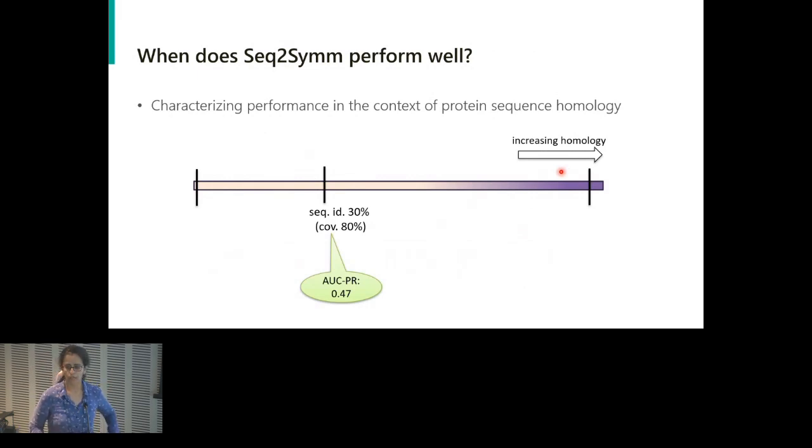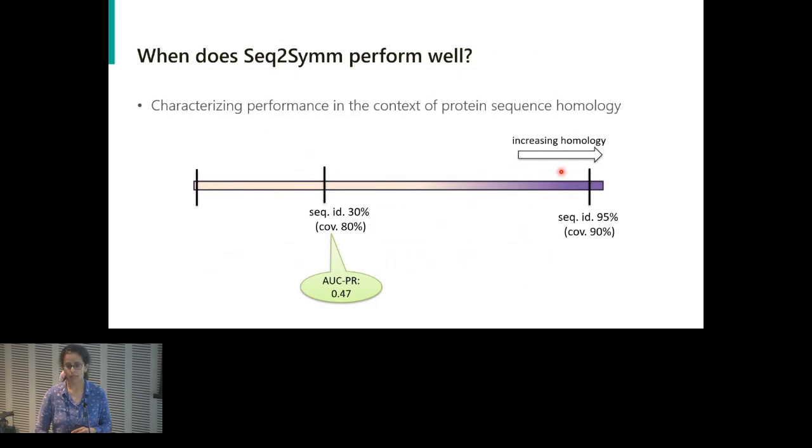Here is the point where the sequence identity is 30%, which means that a test protein is going to have at most 30% sequence identity with any protein you have seen during training or validation. This was our default training regime for this work, where we observe this AUC-PR of 0.47 averaged across all symmetries.